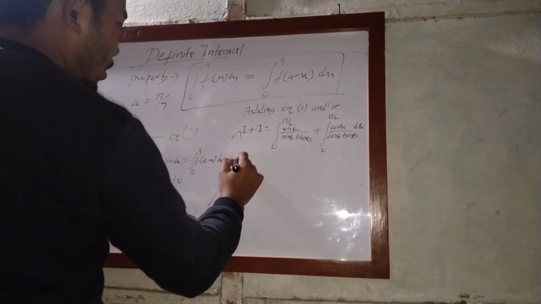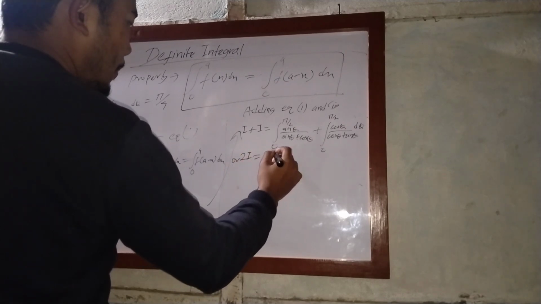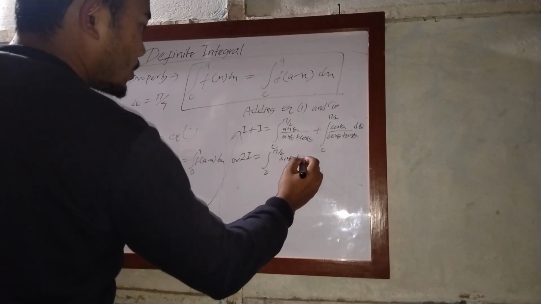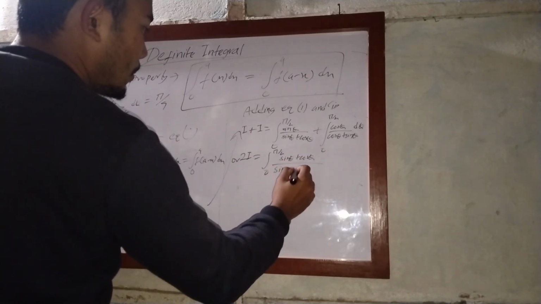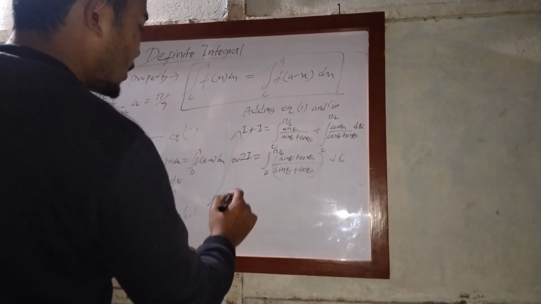Or I plus I is 2I, and the integral from 0 to pi by 2 of sine theta plus cos theta by sine theta plus cos theta d theta.